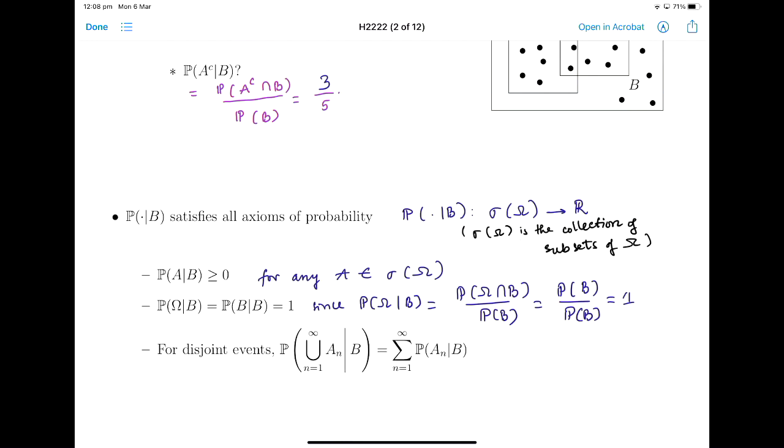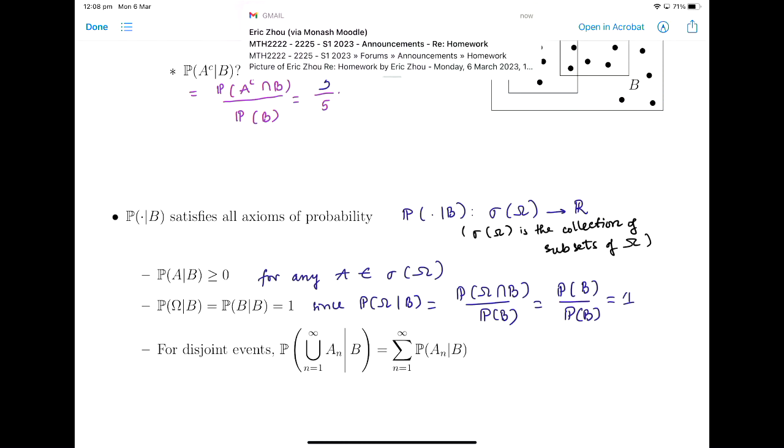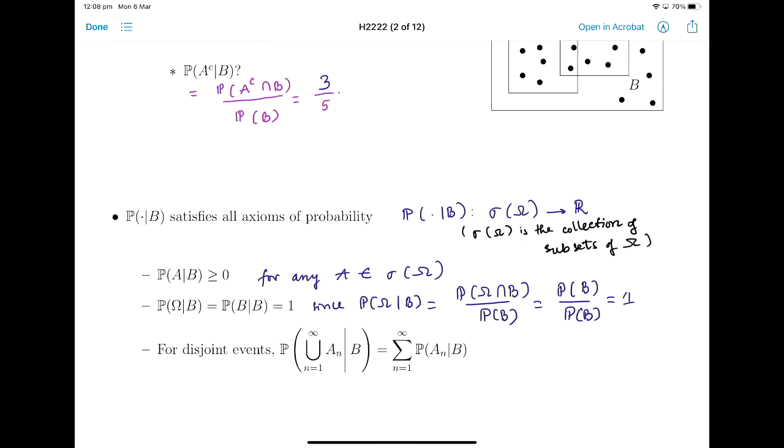So we call it a sigma algebra of the set omega. Which means that if I take any A that is a subset of omega, then I have a mapping: the probability of A given B. So this is a mapping, right?